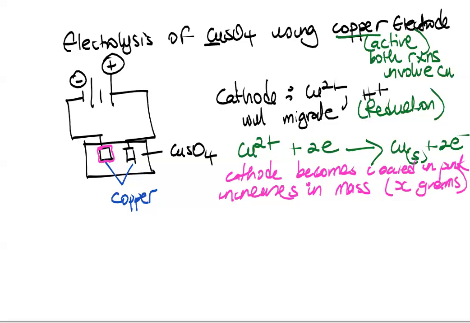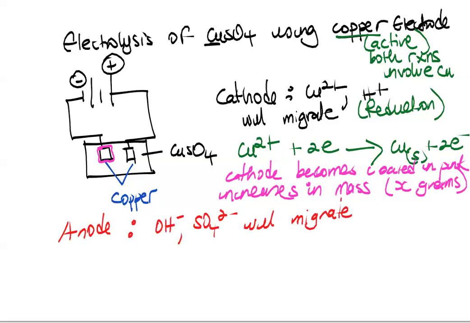Okay. Let me see what happens at the anode. So at the anode, both OH minus and SO4 2 minus will migrate. Both of them still want to go, but have nothing to do with these two of them. It will involve copper alone, but it'll be the reverse because the oxidation takes place now.